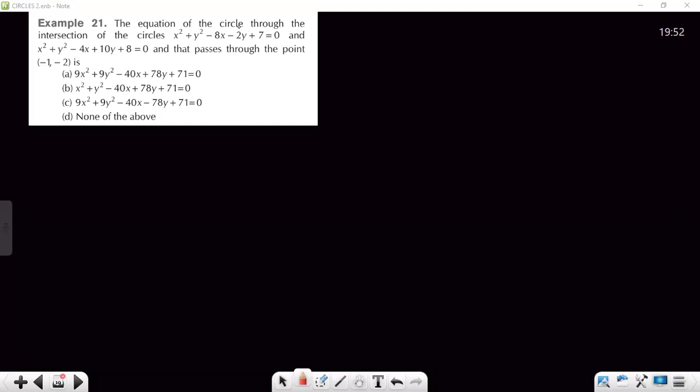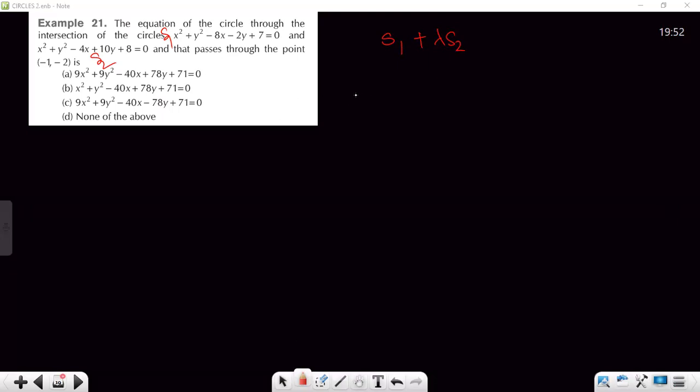First let's focus on these two circles. If I call this S1 and this S2, the equation of the circle passing through both of these circles will be given by S1 plus lambda S2, which is actually the equation. And if we write it, then it becomes equal to 0 as well.